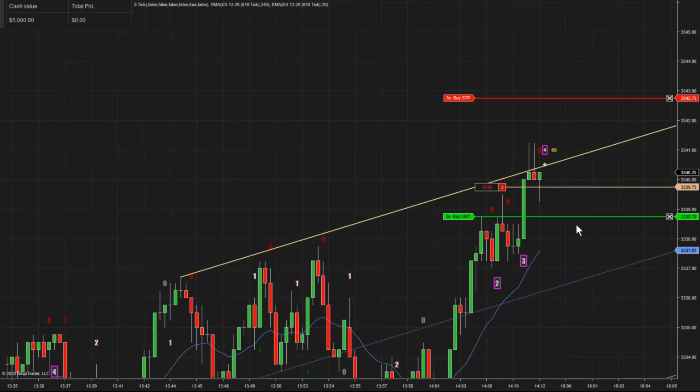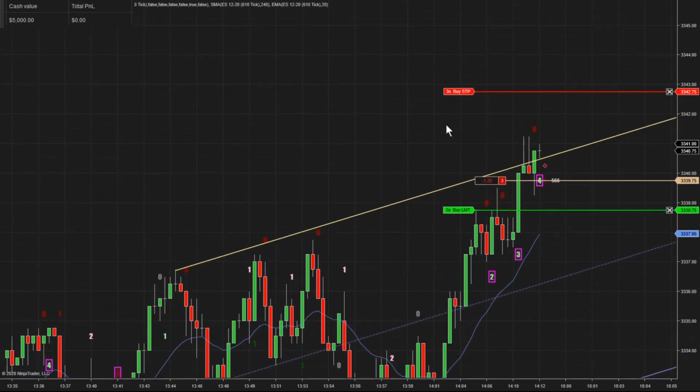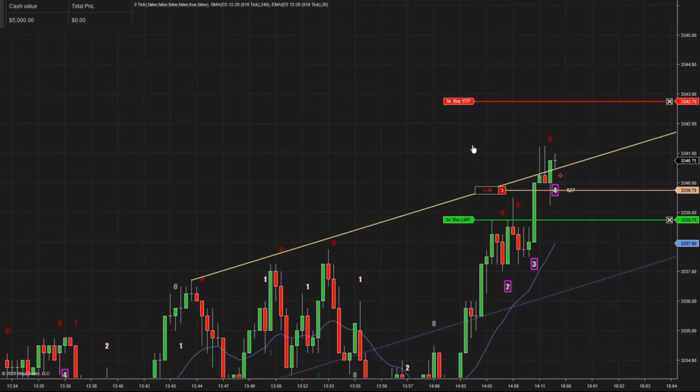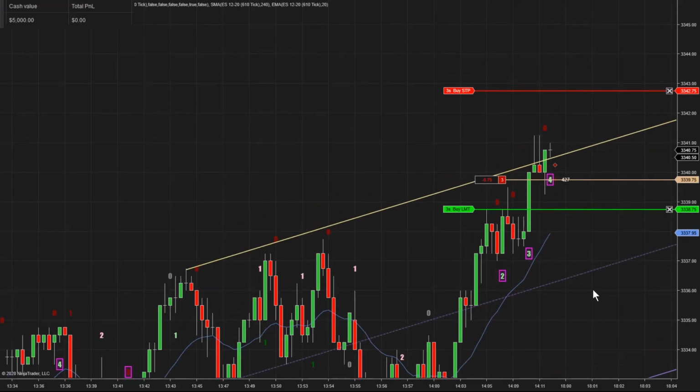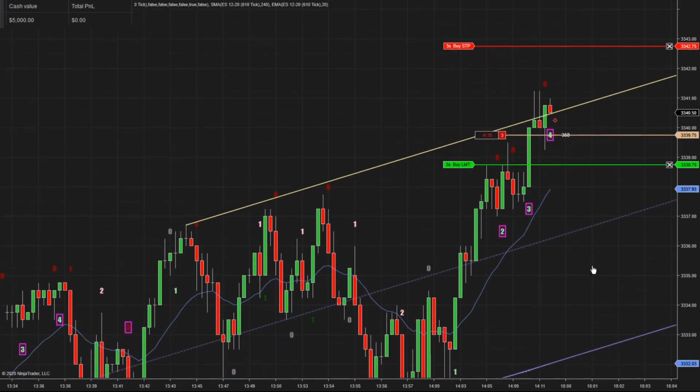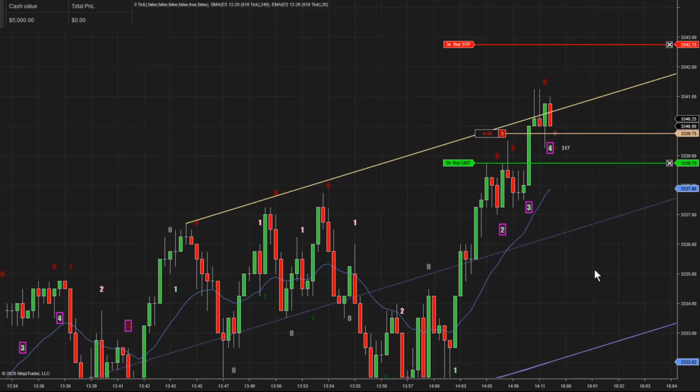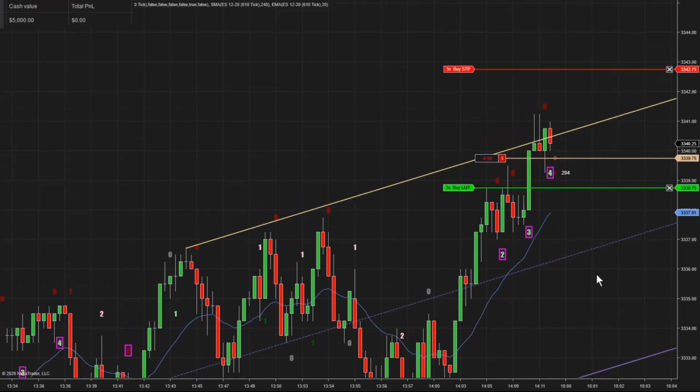Let's get the 1 point here. Starting to reverse, triggered another trap. Plenty of room back to the 20 EMA, come back down to home base.